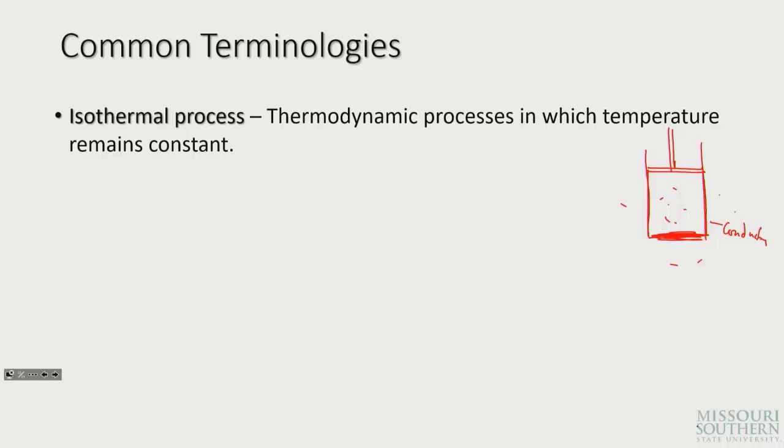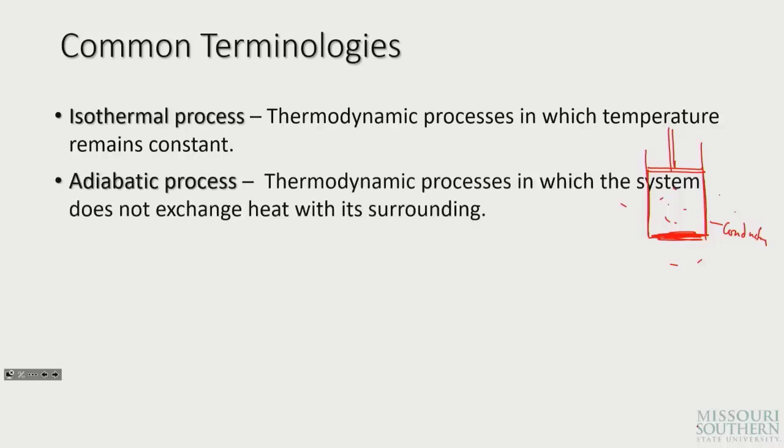The next one is the adiabatic process. An adiabatic process is a process in which the system does not exchange heat with the surroundings. So this is perfectly insulated, not conducting.